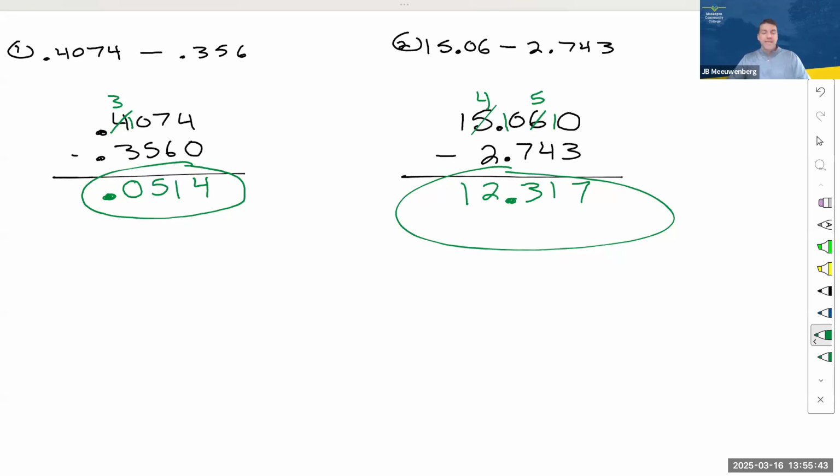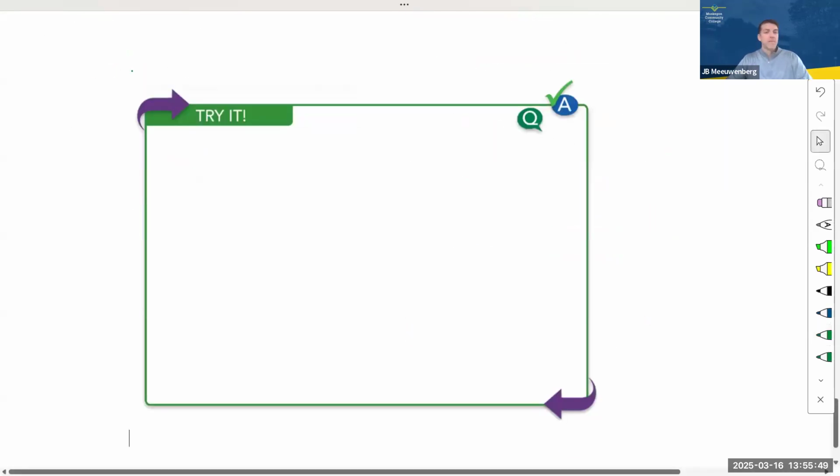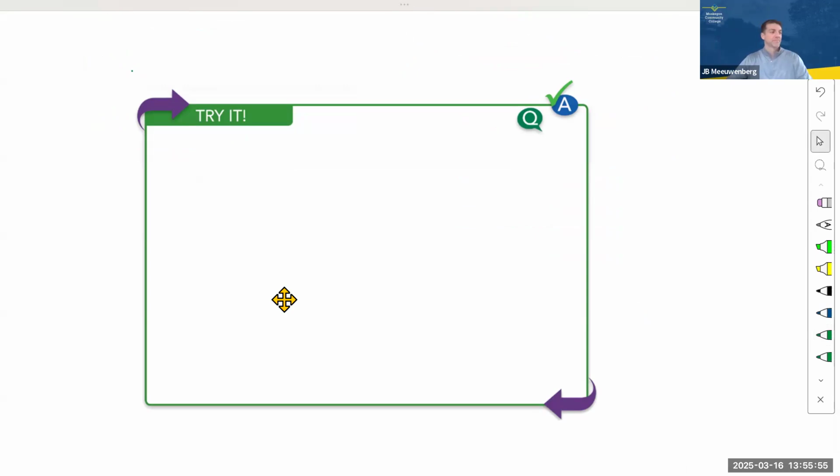So the last thing I want you to do is try to model something that looks like this.